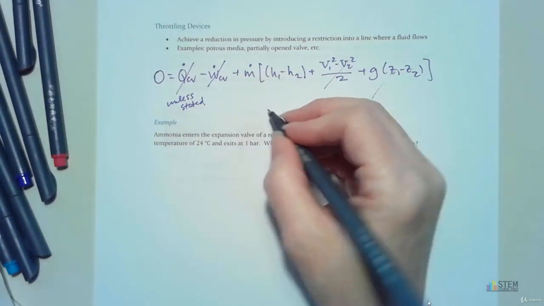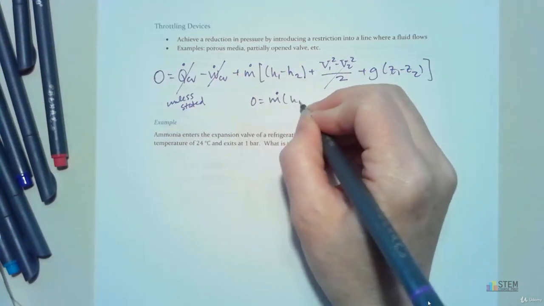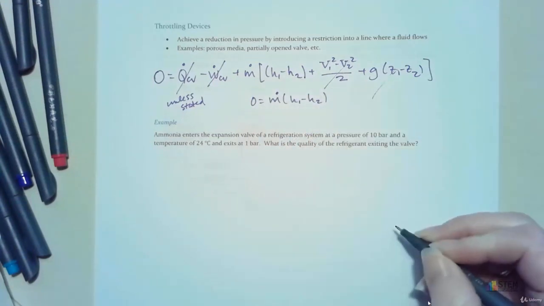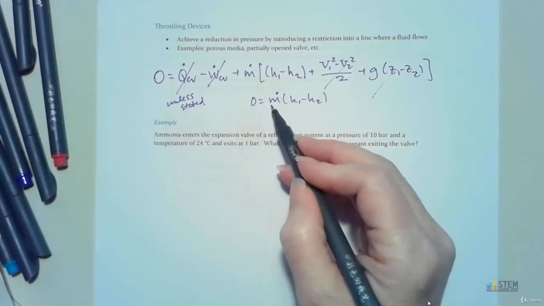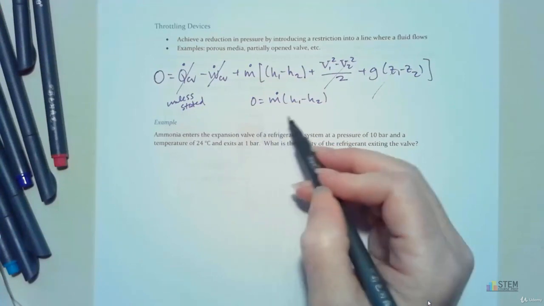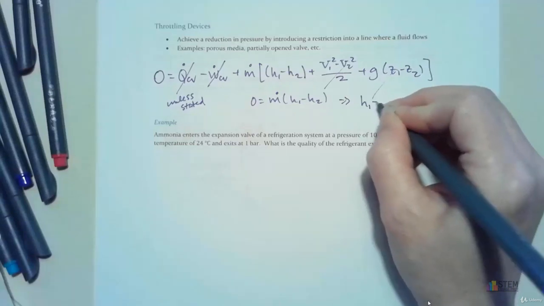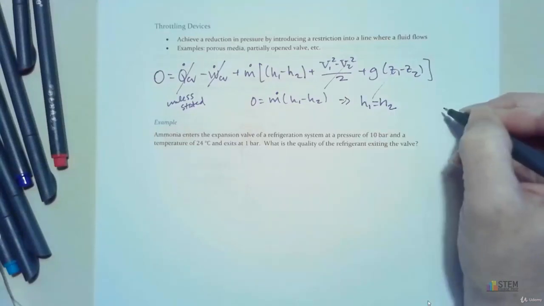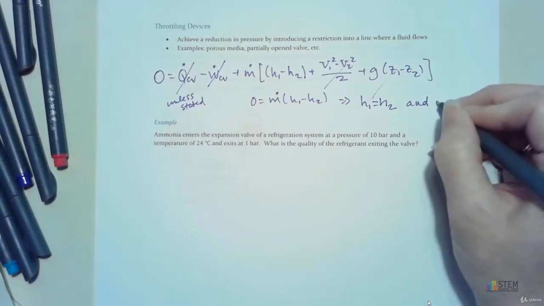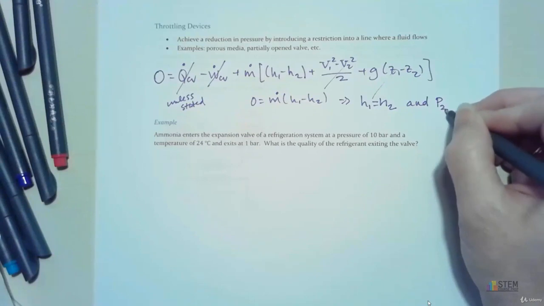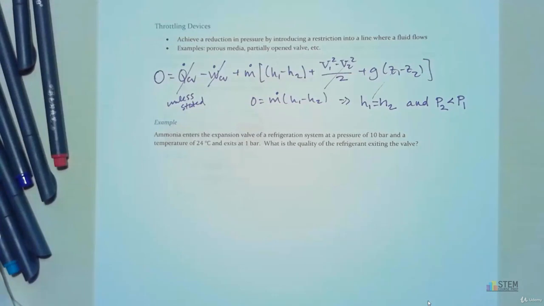That's going to leave us, if all of these things are canceled out, with 0 equals m dot times (h1 minus h2). Since 0 is on the left side, you could divide both sides by m dot, and that just leaves you with h1 equals h2, and the way it works out is your pressure P2 would be less than your initial pressure.